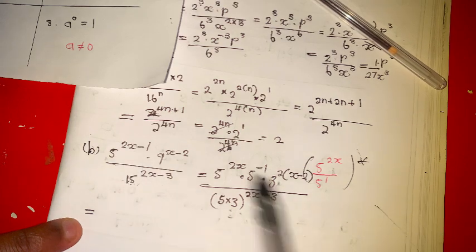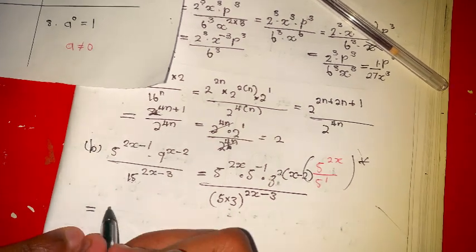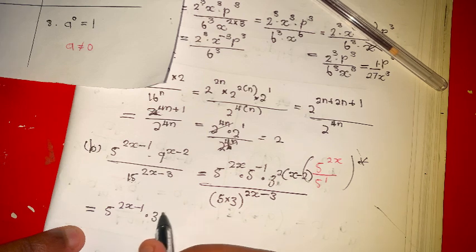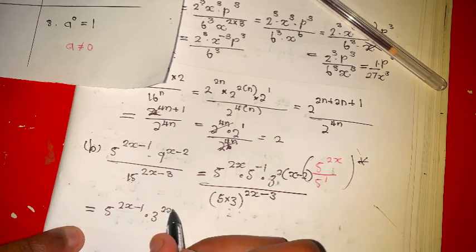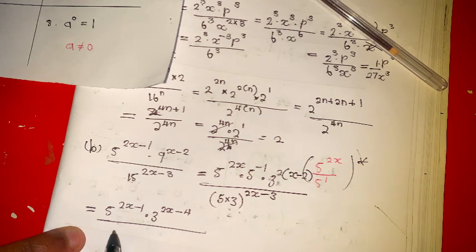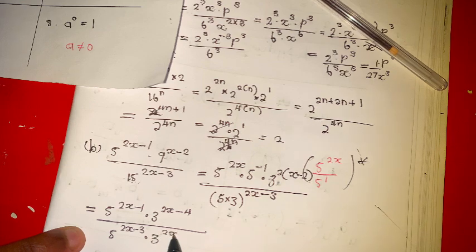So you have 2 methods. If you were to take this multiplied by 3, you'll have 3 to the 2x minus 4 over 5 to the 2x minus 3 multiplied by 3 to the 2x minus 3.